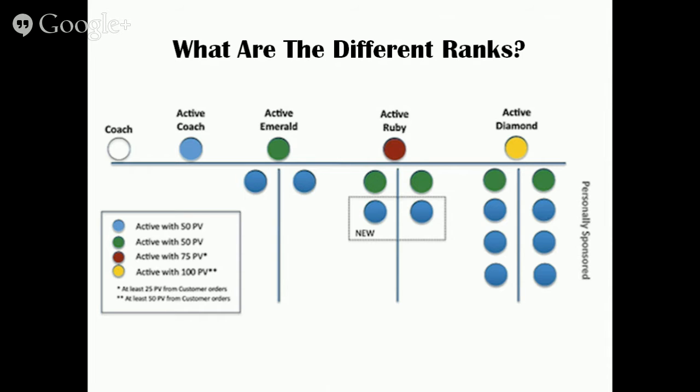And then when we get to Diamond, coaches are a minimum of 2 Emerald coaches on each leg, and then 3 other active coaches on each leg. So as you can see, that is a total of 4 coaches on each side, with a minimum of 2 Emeralds on each side. And then as you get up into 1 star, 2 star, 3 star, 6 star, 10 star, 15 star, it's essentially the same.